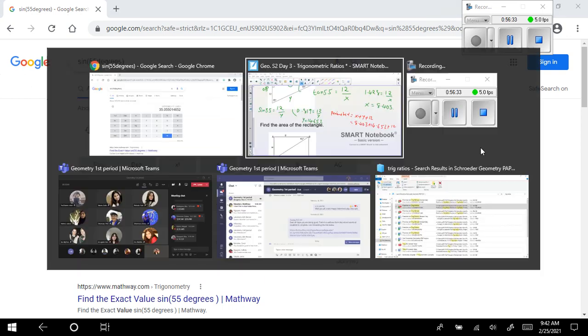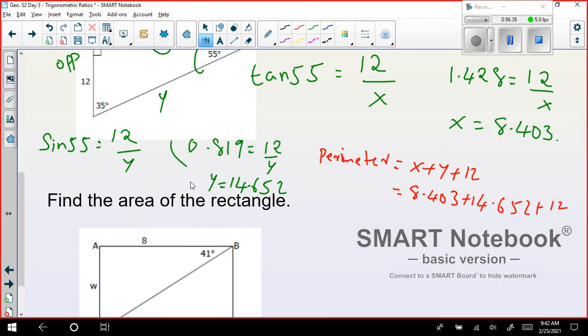That gives us 35.055. That's the perimeter. I'm just leaving it as P.